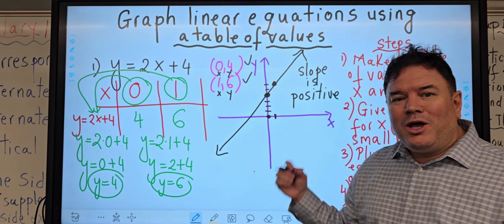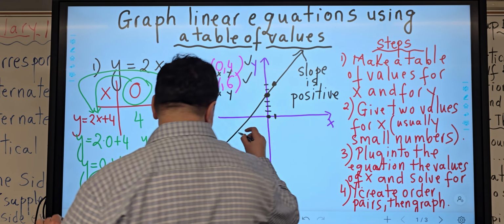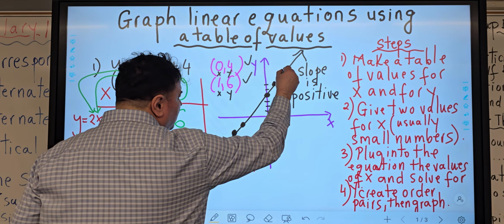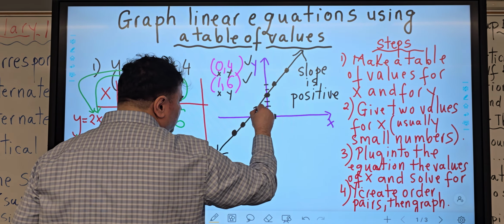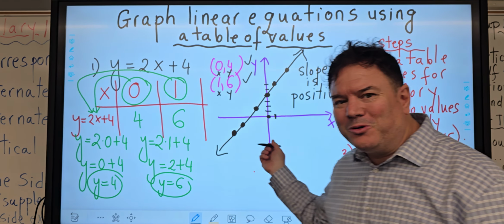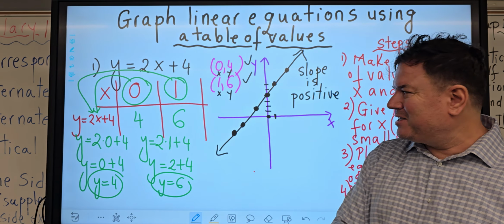And now, if you decide to choose any other points on this line, this point, this point, this point, this point, and so forth, all the points found on the line are the solution of this equation.